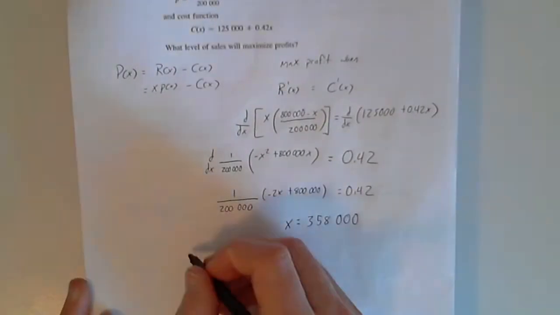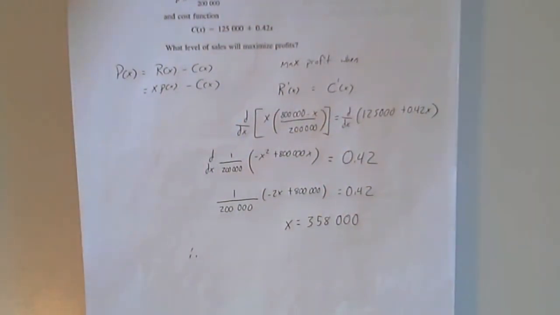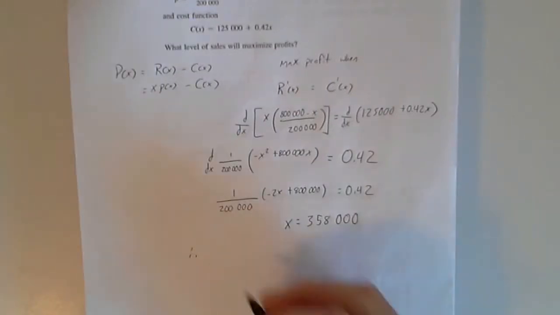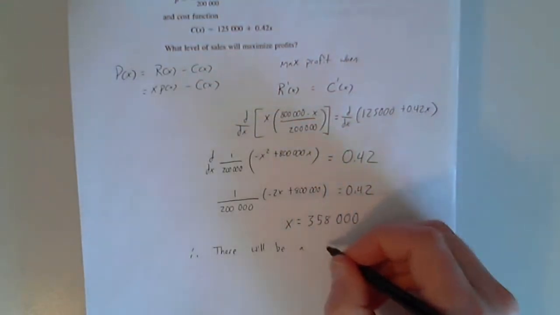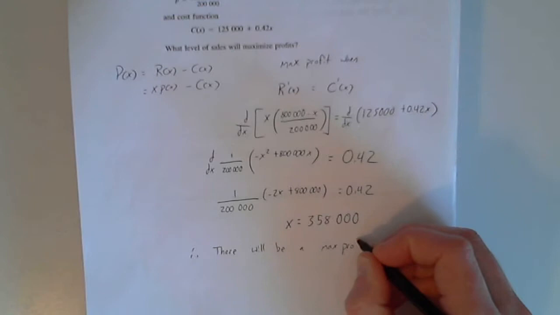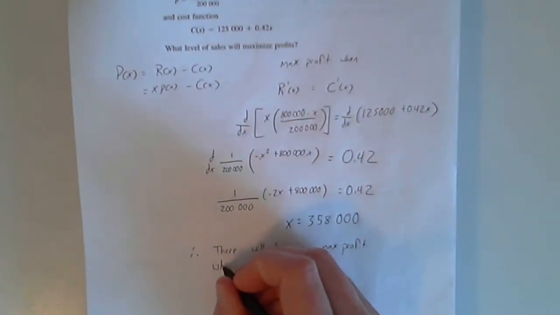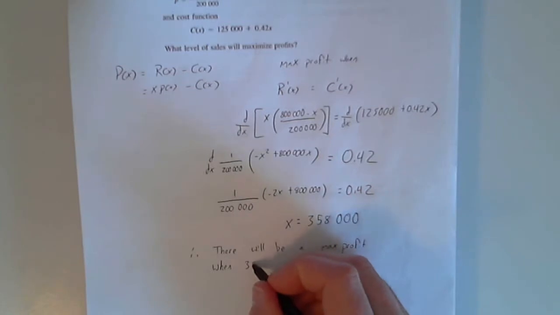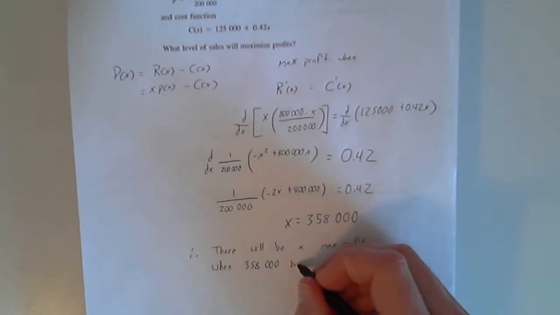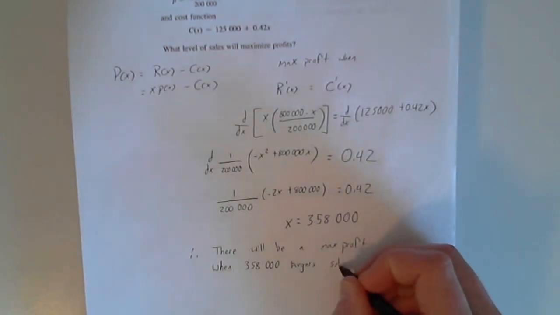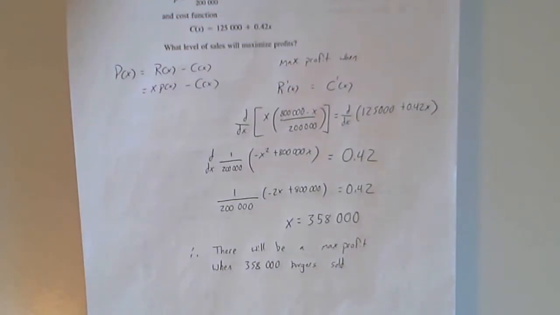So therefore, there will be a maximum profit when 358,000 burgers are sold. So there's kind of a sweet spot for them. If they go beyond that, then I guess they're becoming less efficient or something. Or they're saturating their market too much and they have to sell it for cheaper. Something like that.